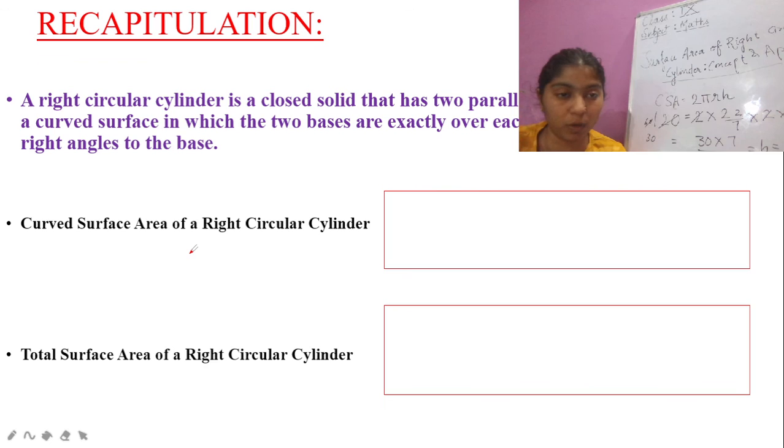Okay, so what we have discussed today is the right circular cylinder, along with the curved surface area of a right circular cylinder and the total surface area of a right circular cylinder, along with solving some applications related to it.